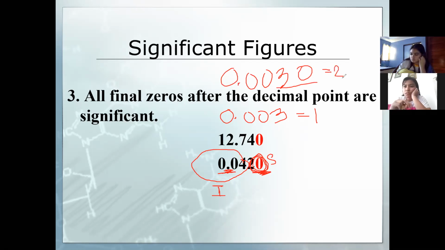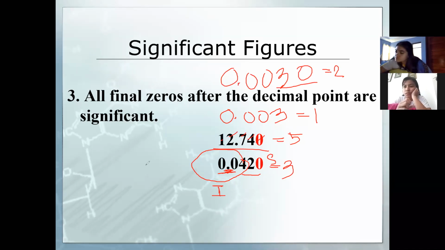Okay? So therefore, in this example, how many significant digits are there? This example class. 1, 2, 3. So this is 3 significant digits. This one contains 5 significant digits, making it 1, 2, 3, 4, 5. Okay?